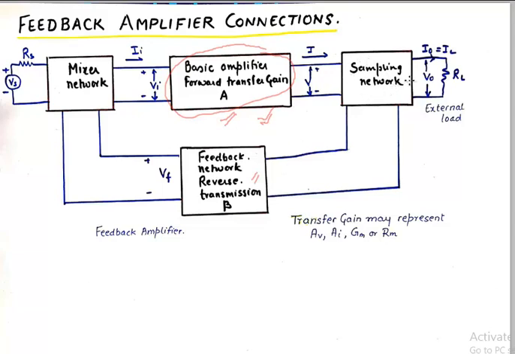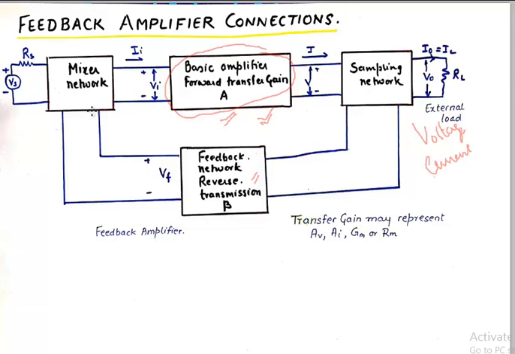So its job is to take the output, whether in the form of voltage or in the form of current. So we'll see that. So sampling network can be classified on the basis of whether it is taking voltage and feeding it to the feedback network, or whether it is taking current and feeding it to the network.